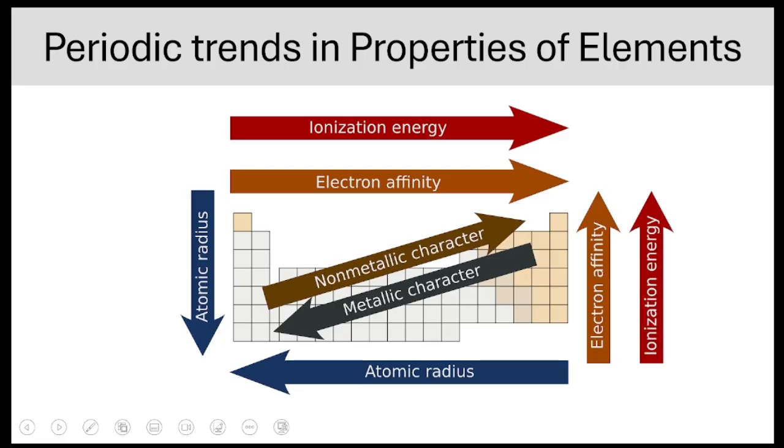Now let's summarize all these properties. We can see atomic radius increases as we go from top to bottom, or right to left. Ionization energy and electron affinity have similar behavior: they increase as we go up a group or across a period from left to right.